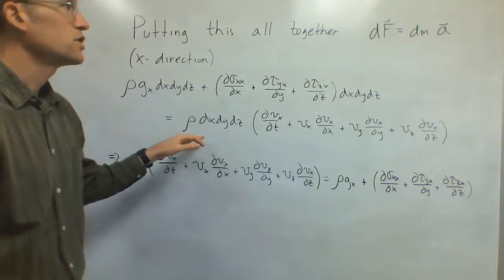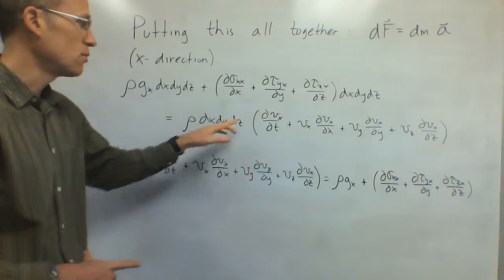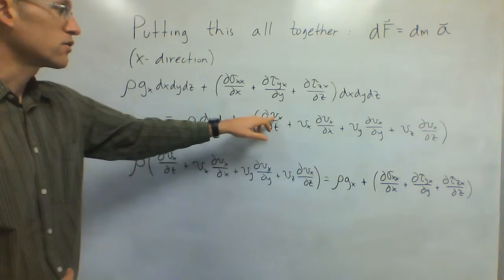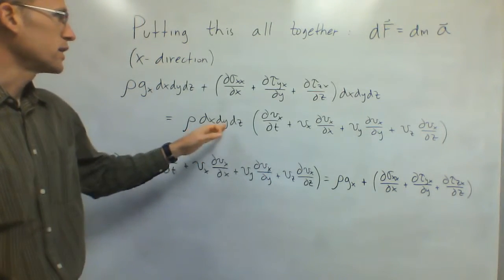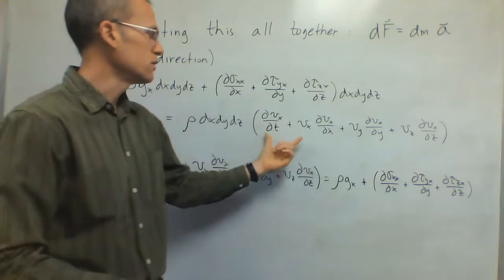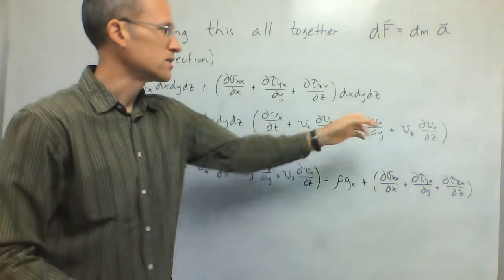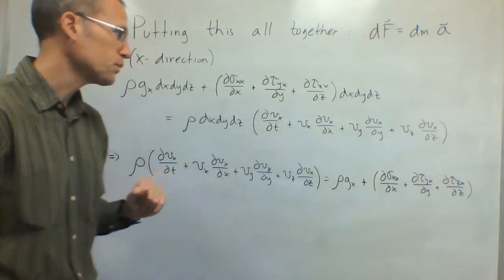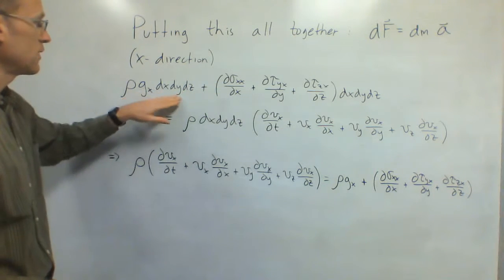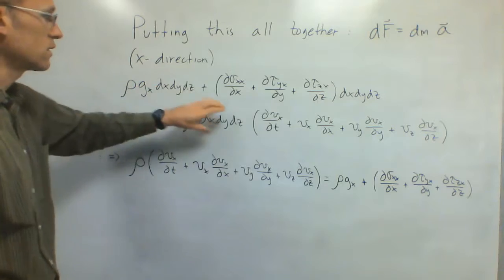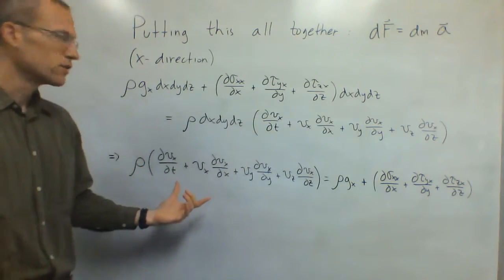Then my acceleration, which was written as a vector. Again, I only want the x component, so all my v vectors just become vx's. Rho dx dy dz is my dm, times the acceleration, what we had before, but with vx's instead of vector v's. So put all that in that equation, and now I have a dx dy dz everywhere, so cancel that, cancel that, cancel that, and I like to write it backwards.